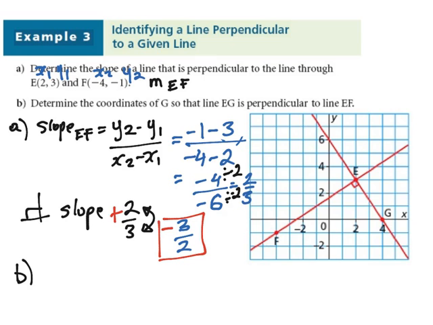So take a look at your slope. Your slope says that we have to go 3 units down, because it's negative 3, and 2 units to the right. So from this E point, we'll travel 3 units down, 1, 2, 3, and 2 units across. That's one possible G value for us. That G value has a coordinate of 4 and 0.